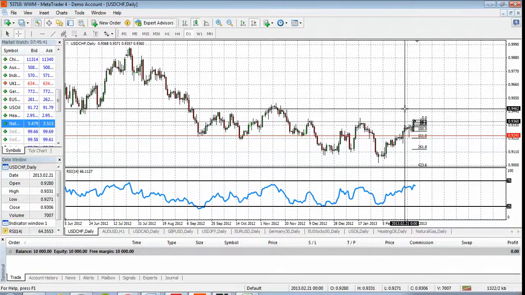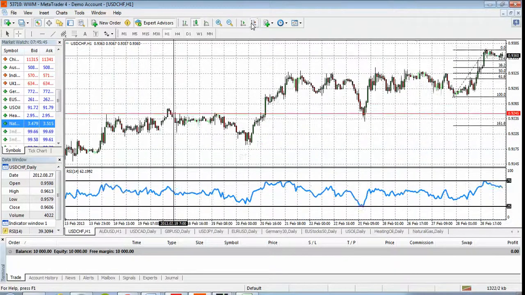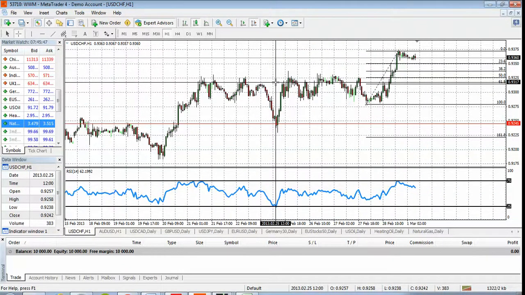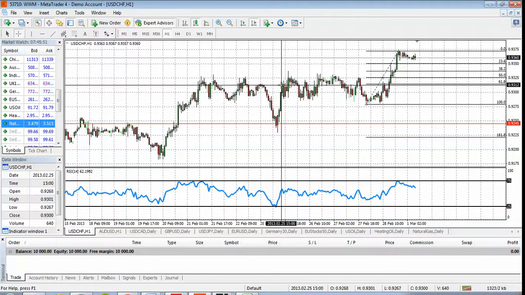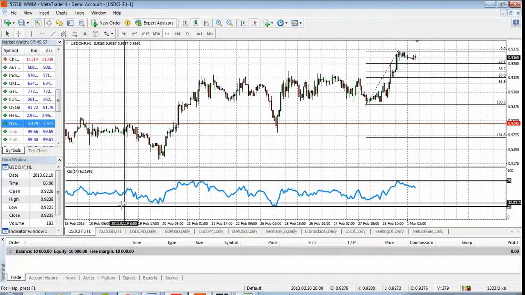So be sure to keep an eye out on those two levels as well. It's a shorter term trade right in the middle of a lot of large resistance and support levels. So keep an eye out on this pair for sure, especially with the US dollar news coming out tomorrow.